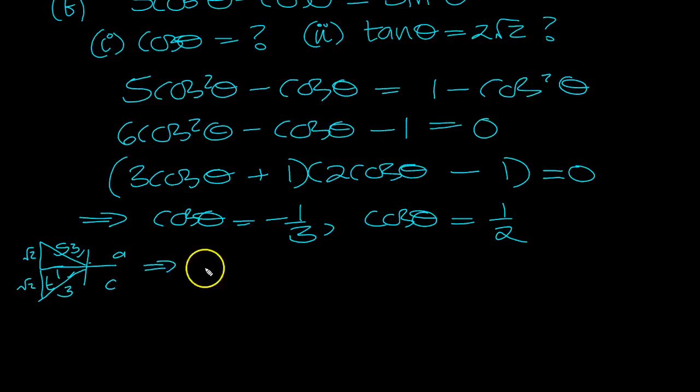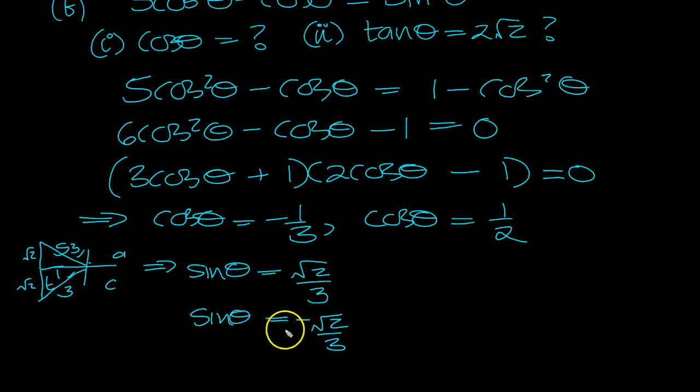So sine theta here is equal to opposite root 2 over 3, or sine theta then would equal opposite minus root 2 over 3, if this were the case. And then this one.